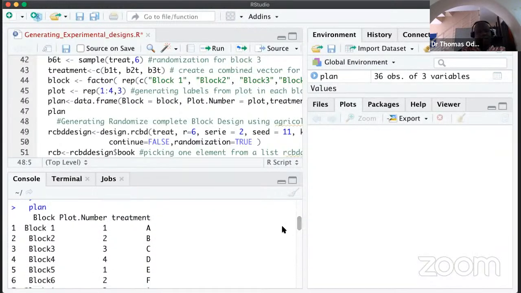Okay, so you can see here block 1, plot number 1, treatment A, block 2, plot number 2, plot number 3, plot number 4. I think something is not right here. I need to check my code.